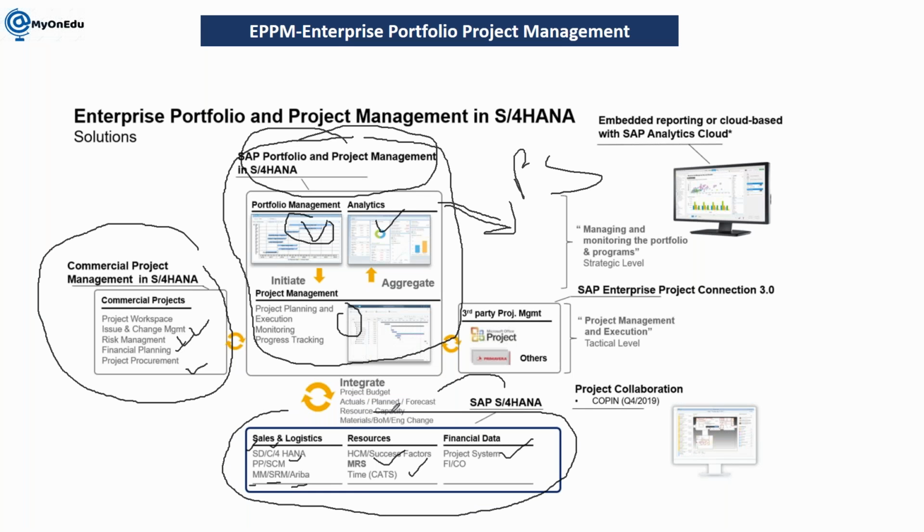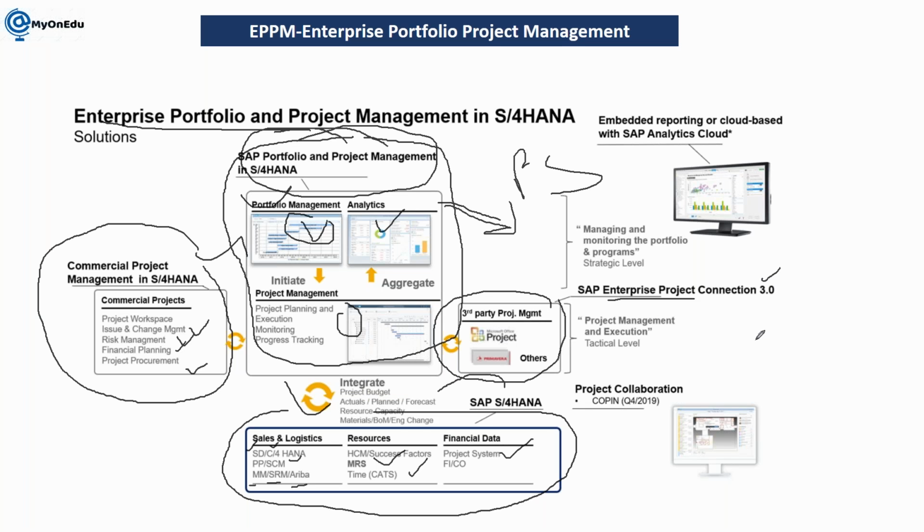Okay, and all of this is kept in one package. EPM, CPM, and PS, everything we keep in EPPM, Enterprise Portfolio Project Management. And in the 2020 version of S4HANA, your EPC system is also added within the same package. EPC stands for Enterprise Project Connection. Version 3 is the latest version here.